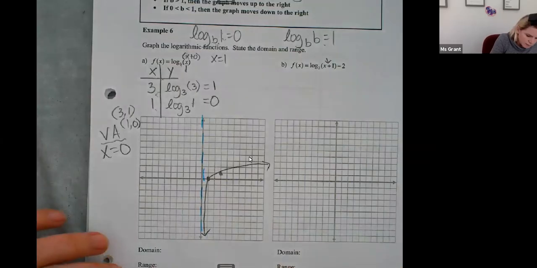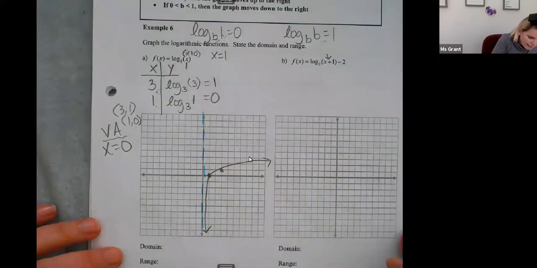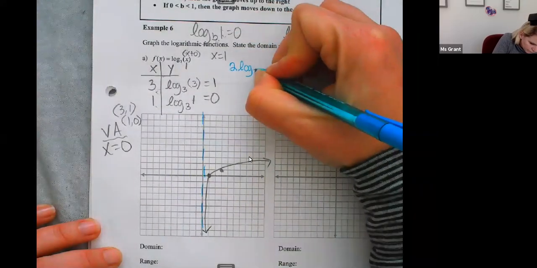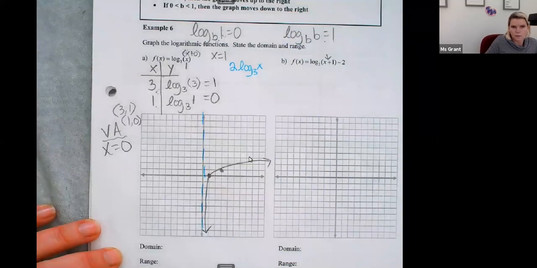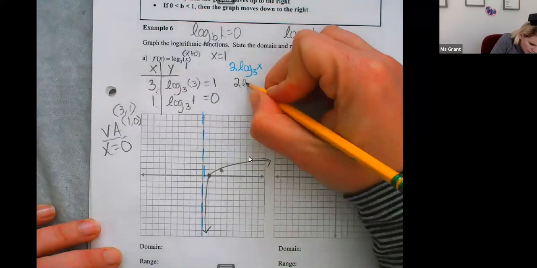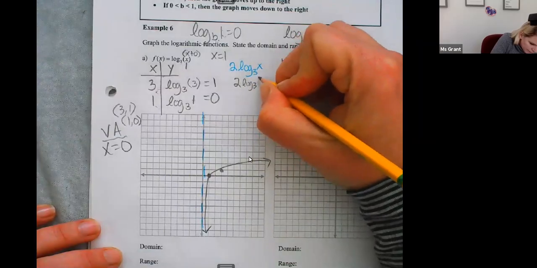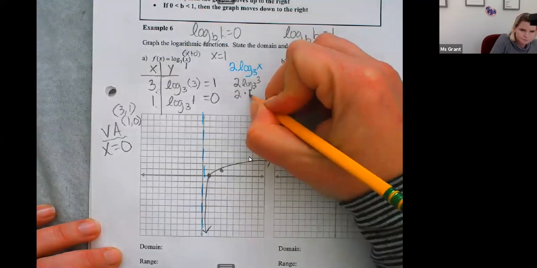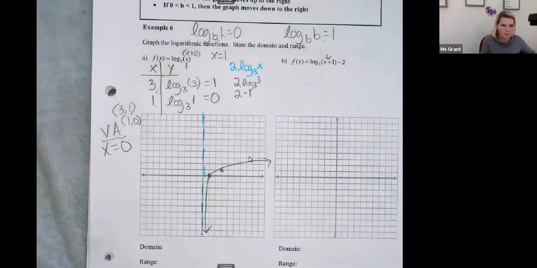Now, what if my equation was this? What if I had a 2 in front? Well, that would just be 2 times log base 3 of 3, which is 2 times 1. The 2 is just something that gets multiplied.